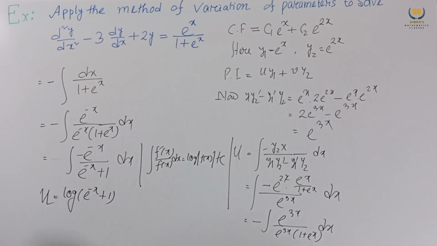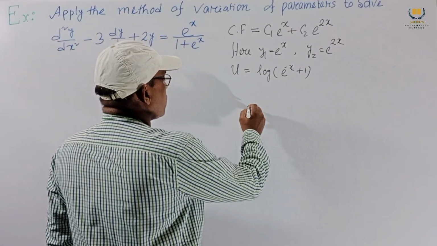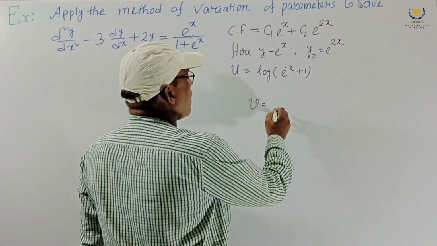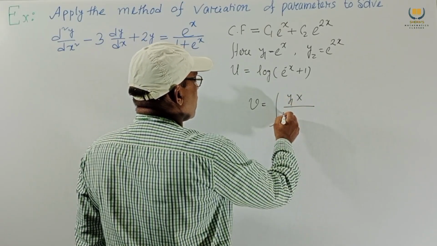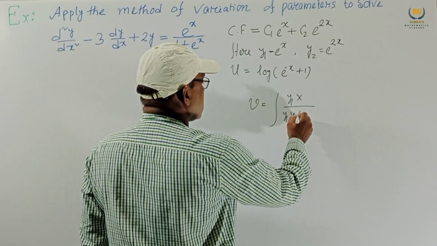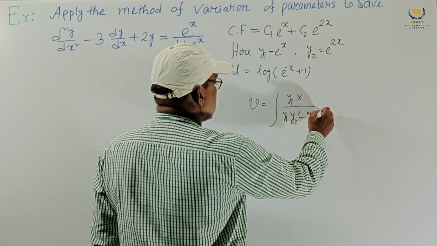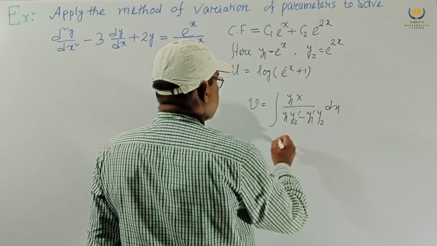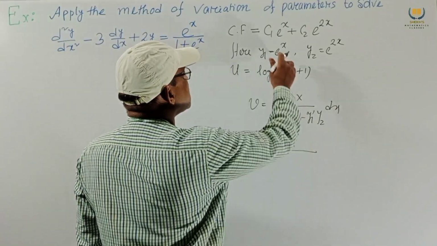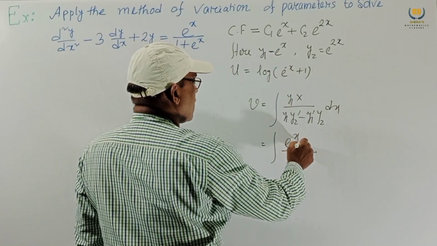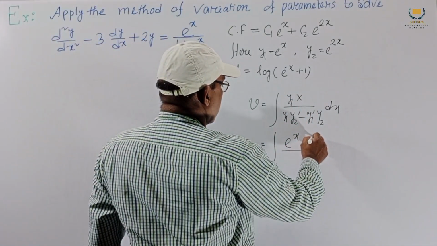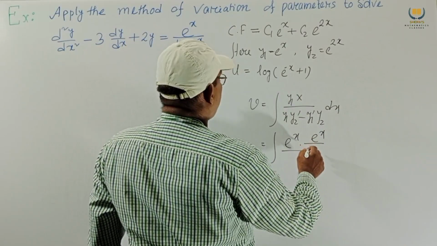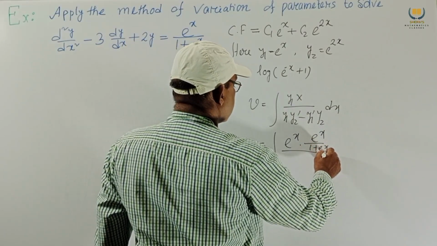Now, we want to find v. So, v equals the integration of y1 x by y1 y2 dash minus y1 dash y2 dx. y1 means e to the power x, and x means this one, e to the power x, by 1 plus e to the power x.